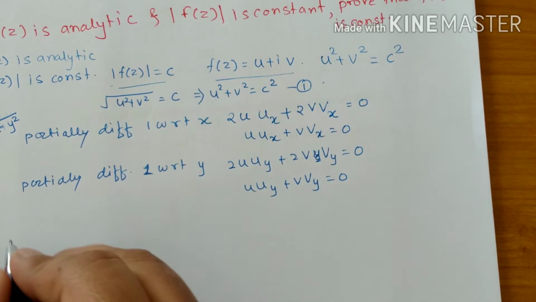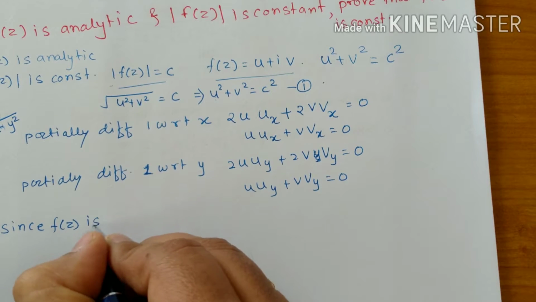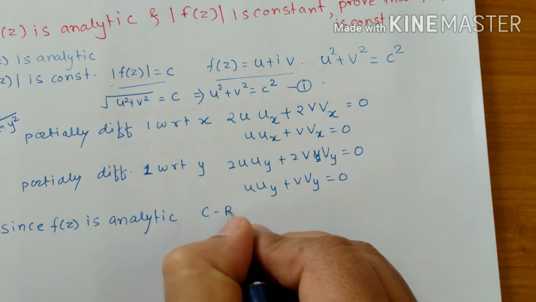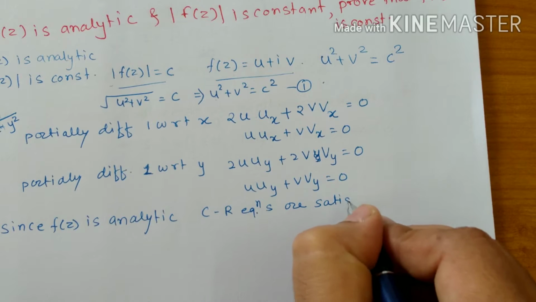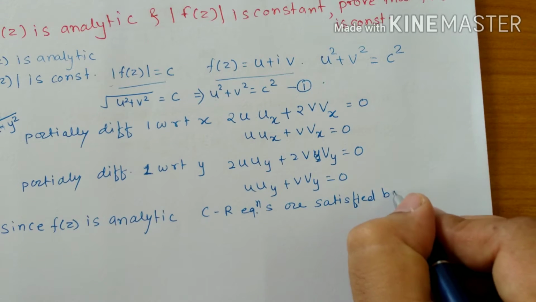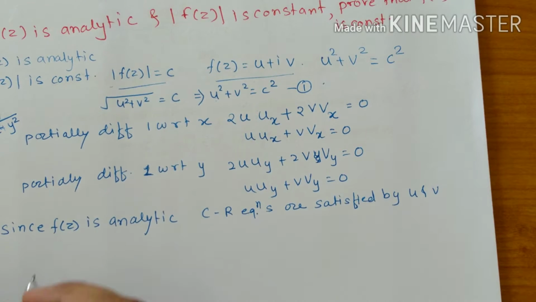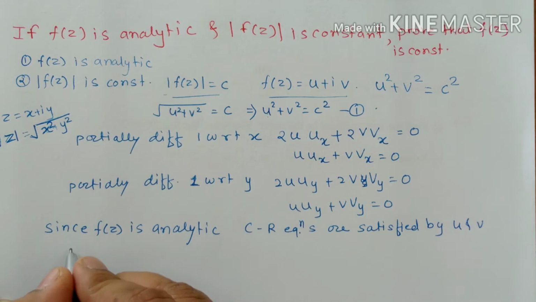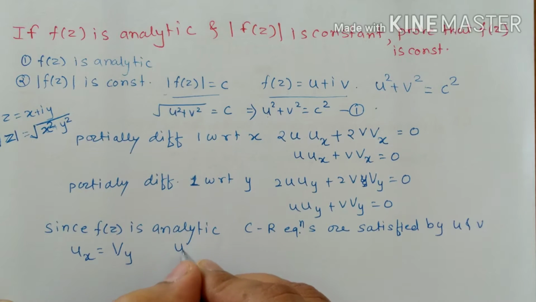Now since f of z is analytic, the CR equations are satisfied by u and v. Can you tell me what the CR equations are? Yesterday we discussed them. The CR equations are ux is equal to vy, and the second CR equation is uy is equal to minus vx.